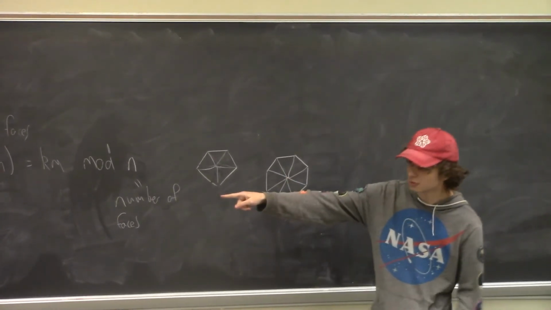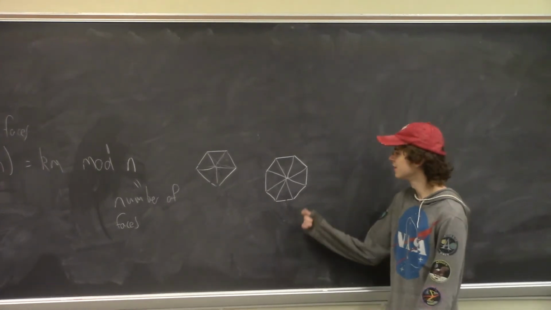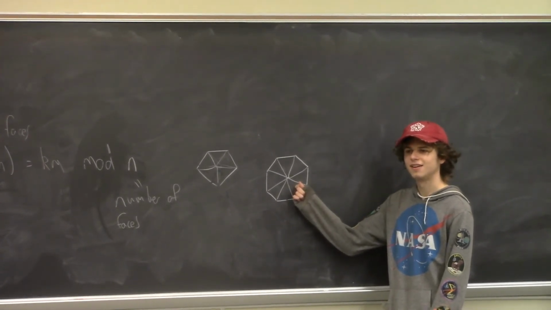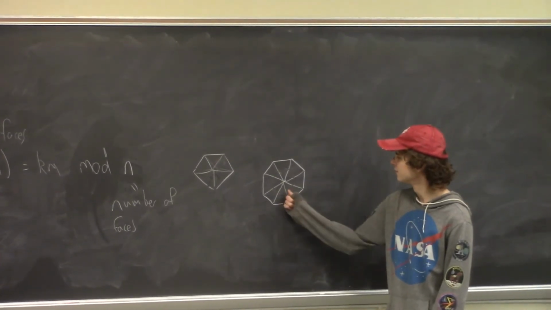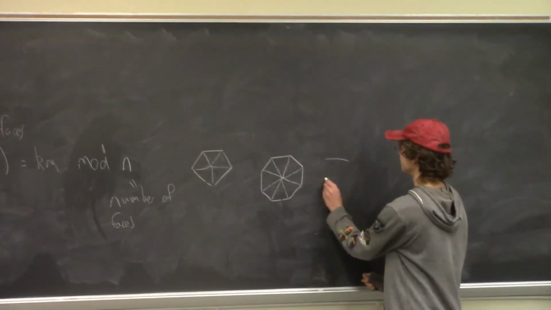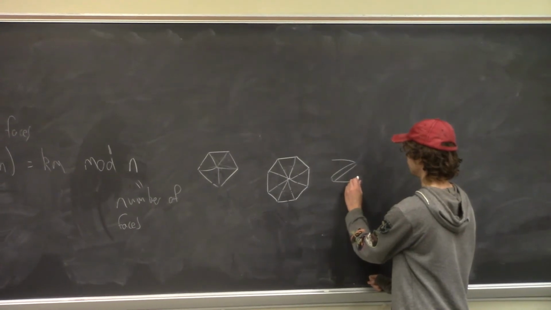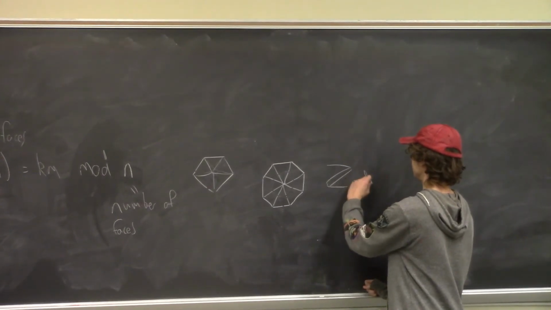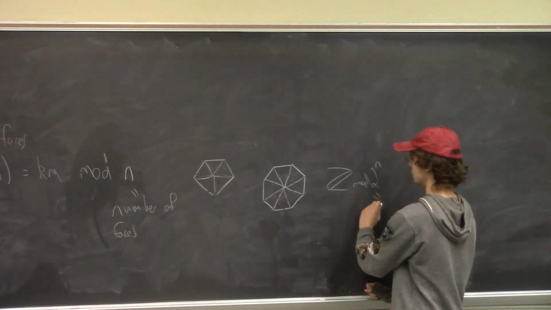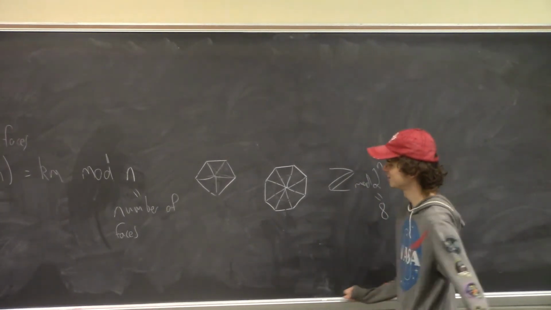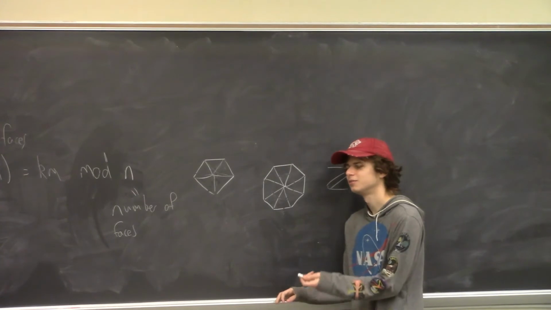It's like that 48 case over here. This is a homogeneous space for Z, in this case, that would be 8. So just choose home.